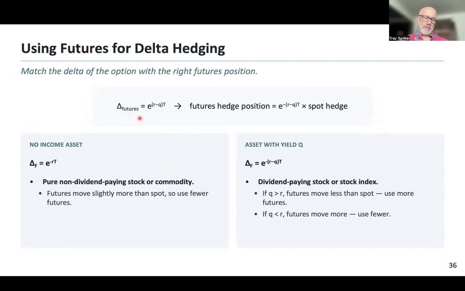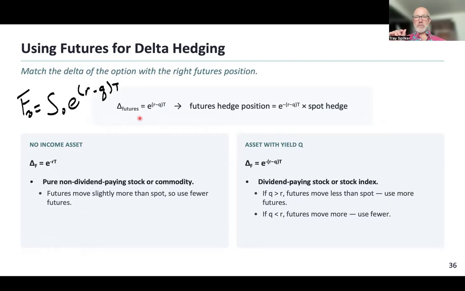If you recall, the futures price is equivalent to the spot price grossed up by the difference between the risk-free rate and the dividend yield.